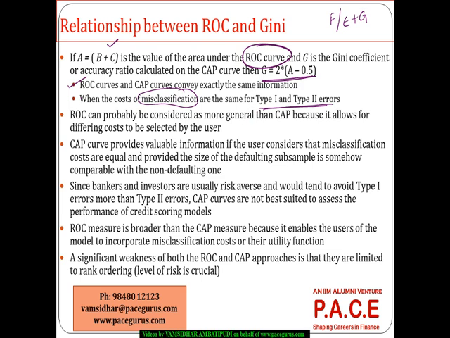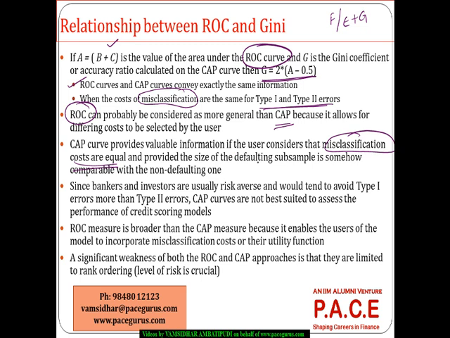But what we generally see is ROC is much more general than CAP, because it allows for different type 1 and type 2 costs to be used. And CAP is more valuable if the misclassification costs are equal. But if they are different, it's very much necessary to depend on the ROC itself.